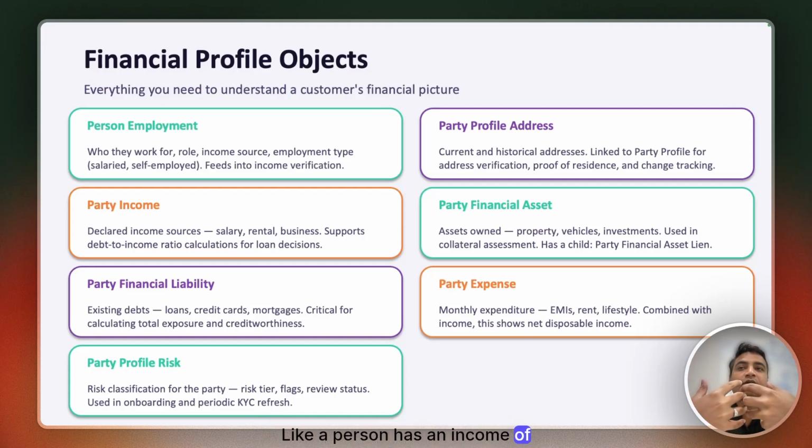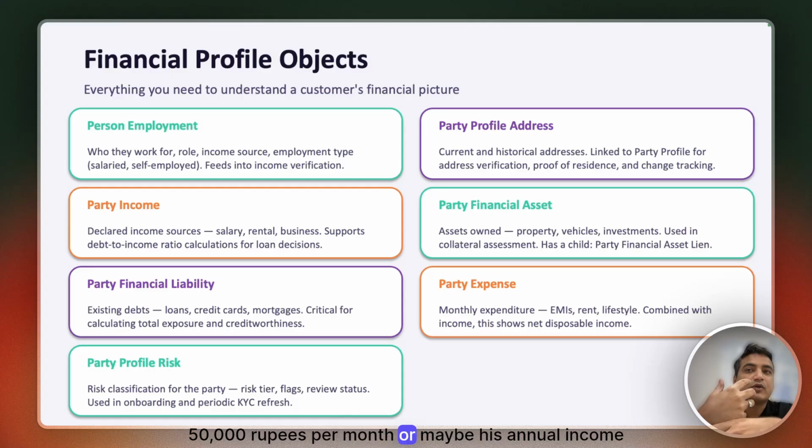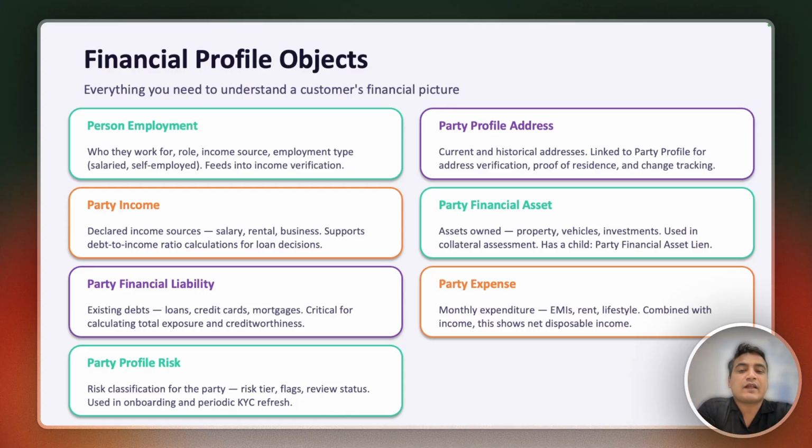A person has an income of 50,000 rupees per month, or maybe an annual income of 10 lakh rupees, but he has existing financial liabilities of 50 lakh or 1 crore. So various business rules can be applied to calculate his total exposure and creditworthiness.